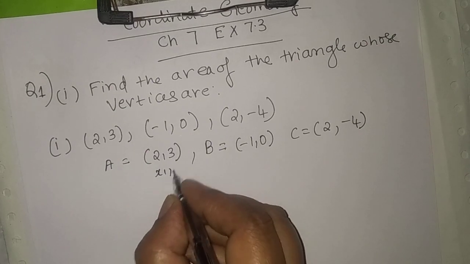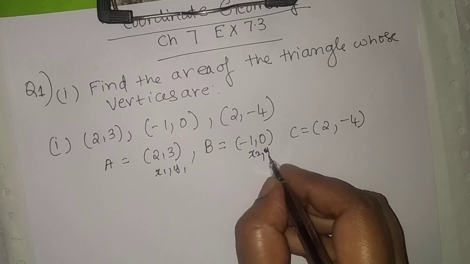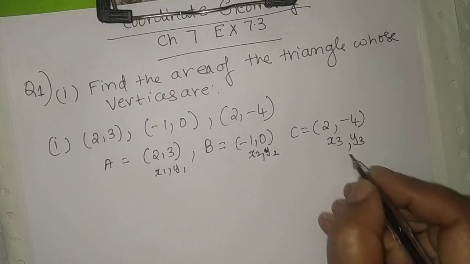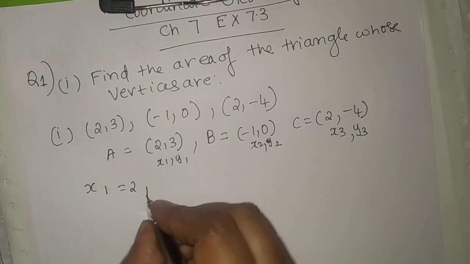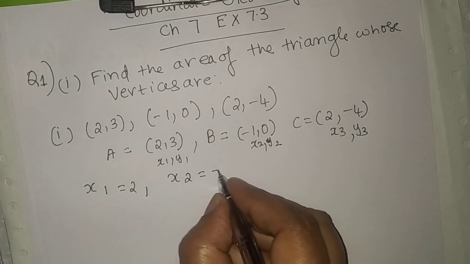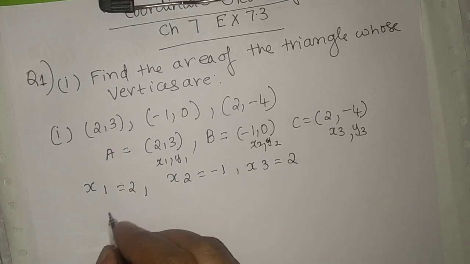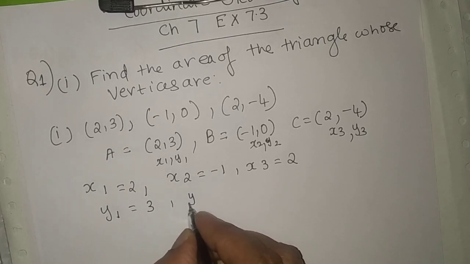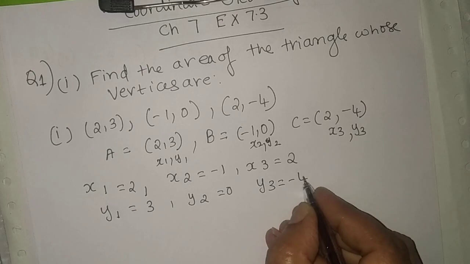Then the coordinates are x1, y1, x2, y2, and x3, y3. So we'll write this here: x1 is equal to 2, x2 is equal to -1, x3 is equal to 2. y1 is equal to 3, y2 is equal to 0 and y3 is equal to -4.